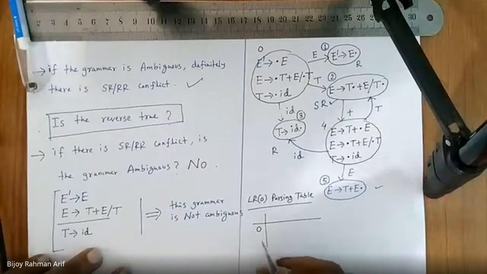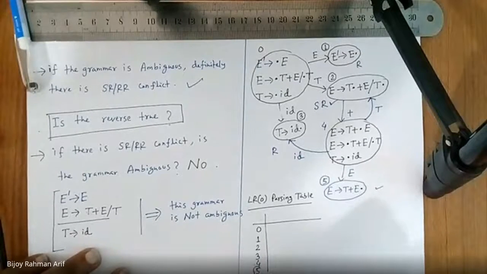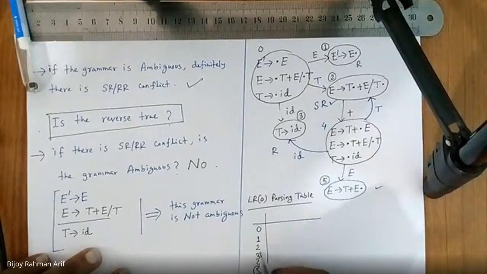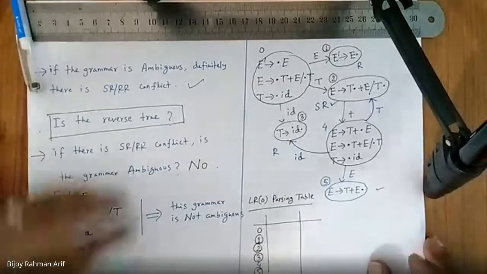States 0, 1, 2, 3, then 4, then 5. 5 is the final item, 3 is the final item, 2 is the final item, 1 is the final item. And we divide the whole table into two parts.